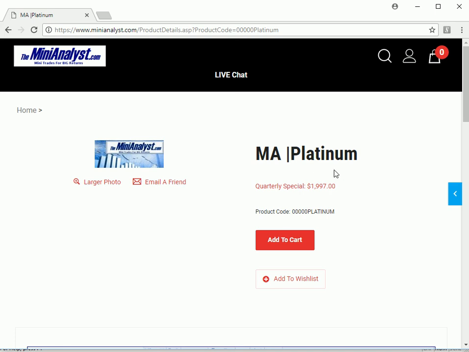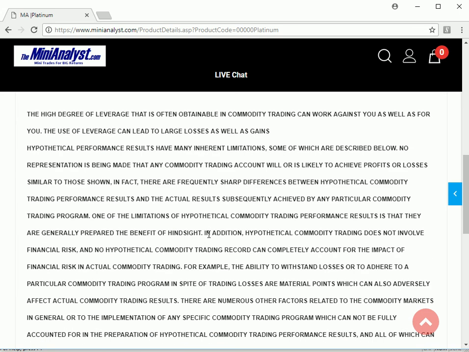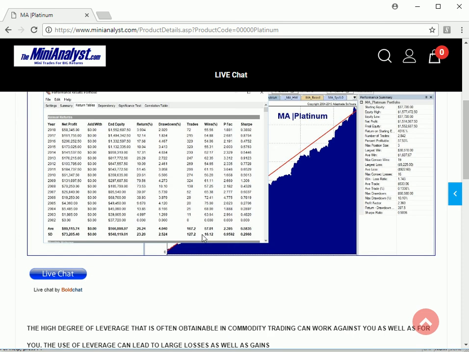Platinum portfolio, that's essentially all of the things we've talked about in one. And of course here you have the performance, $1.5 million, $50,000 maximum drawdown. You're making quite a bit of money per year. Again, hypothetical trades. Here's the disclaimer: everything is hypothetical, and although non-curve fitted, non-optimized, these systems have been running live and traded for over 10 years.